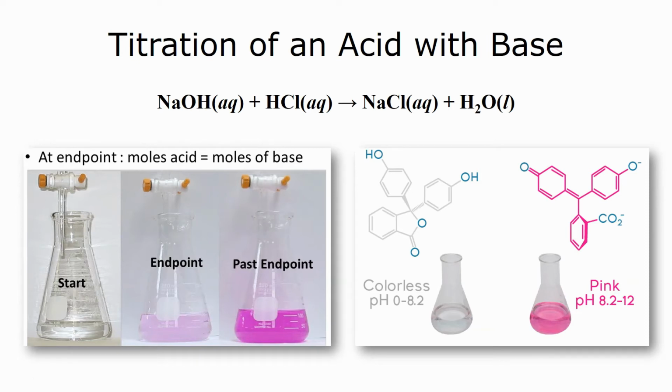If you add too much sodium hydroxide, then the concentration of the colored version of phenolphthalein will be too great, and therefore you'll have a very deep purple or very dark pink solution. That way you know you've gone beyond your endpoint. The endpoint is the color change, which will alert you that you have added the exact same number of moles of base as moles of acid that are present in your analyte.